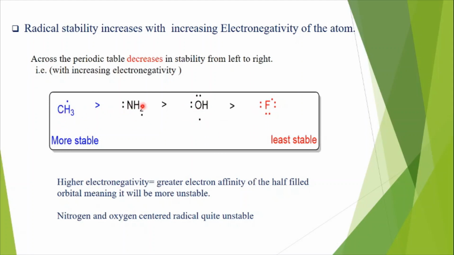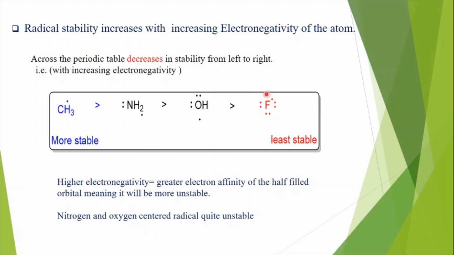From carbon, nitrogen, oxygen, and fluorine, the electronegativity increases. Carbon is less electronegative than nitrogen, nitrogen is less electronegative than oxygen, and fluorine is more electronegative than oxygen. So electronegativity increases from carbon to nitrogen to oxygen to fluorine.